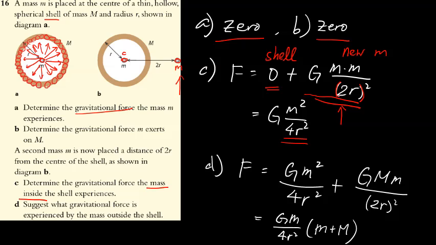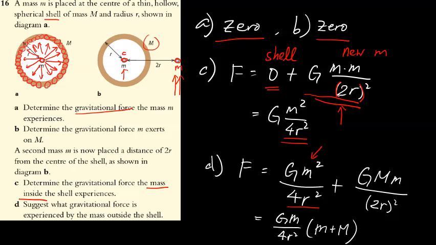So what you think is the forces acting on this new mass will have gravitational force from the middle small mass and also the capital M mass here. For the first one, it would be the easier one, the two small masses m attracting each other, just like part C. So 4r squared. Basically, I just copy.